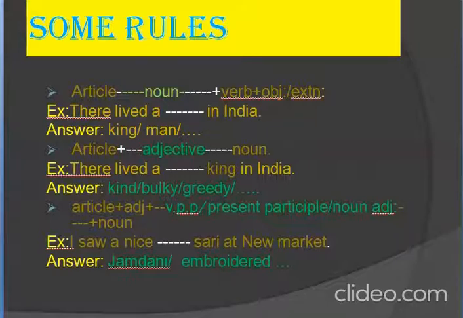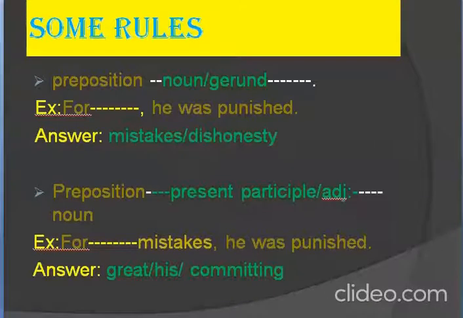I saw a nice blank sari at New Market. Nice is adjective, sari is noun. So complete your gap using verb past participle form, present participle form, and noun adjective. I saw a nice jamdani sari. I saw a nice black sari. I saw a nice embroidered sari, or anything. But you should not cross the limitation.